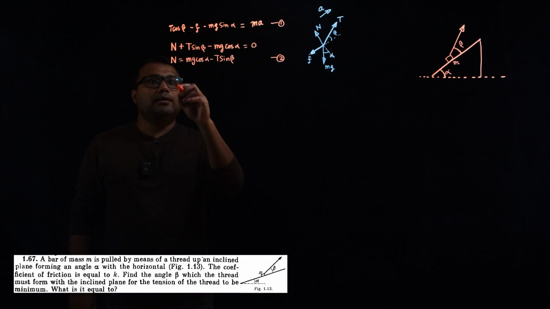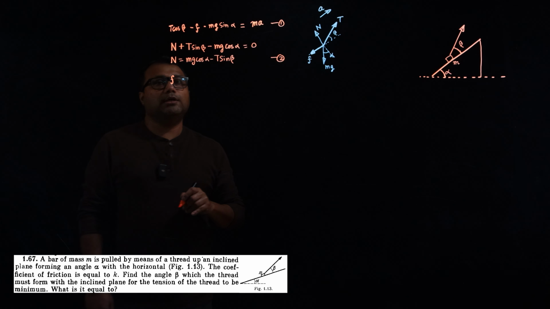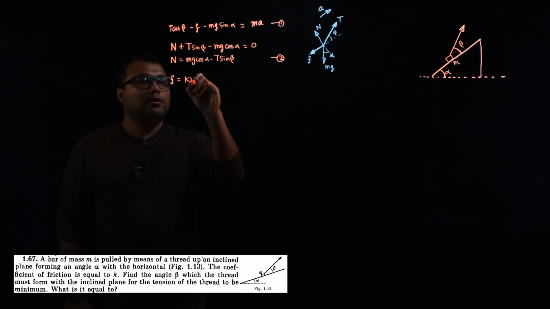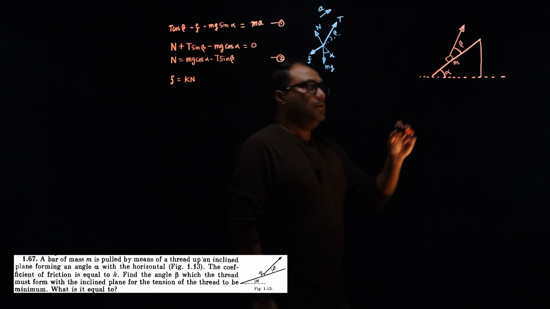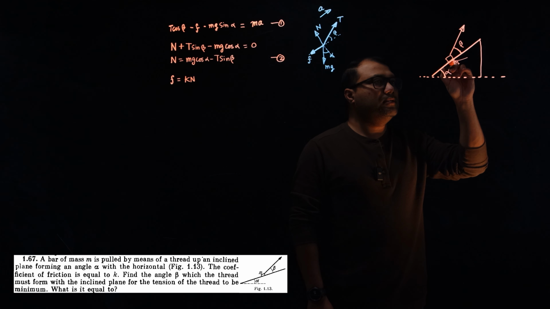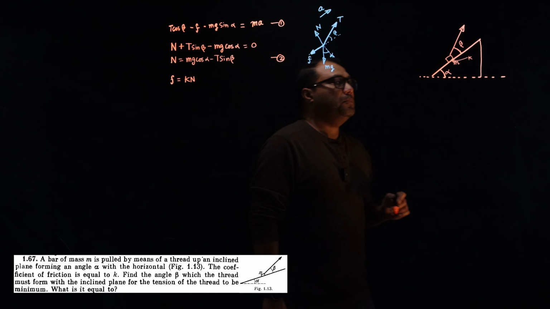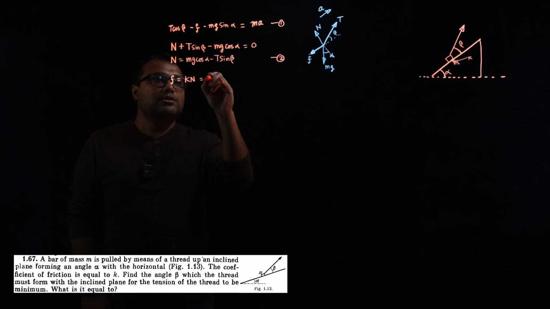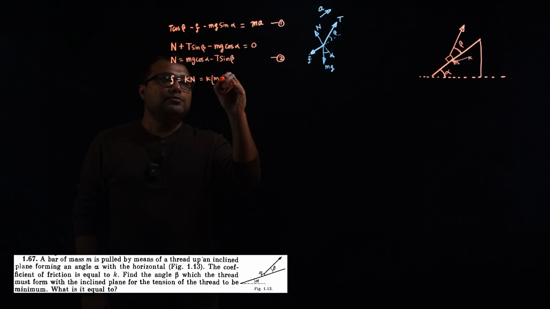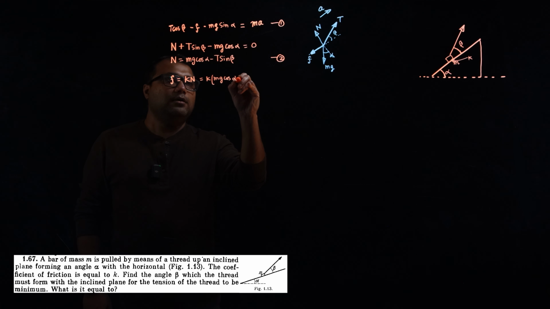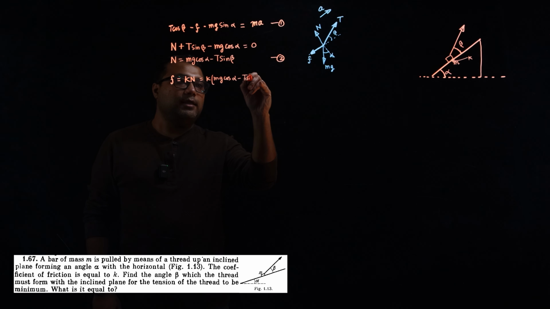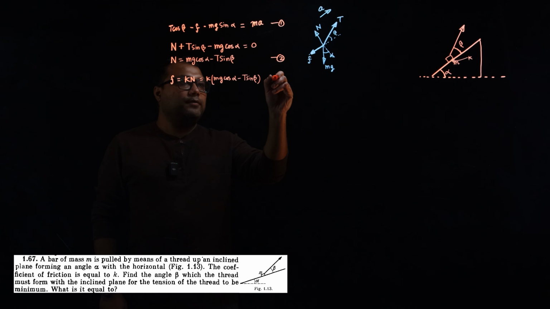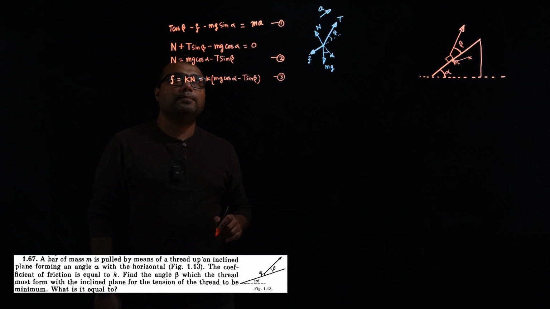We can also write the force of friction is equal to k times N, where k is the coefficient of friction. That's also given. This is k between these two surfaces. So we can write this as k times (mg cos alpha minus T sine beta). Okay, so we have this third relation as well.